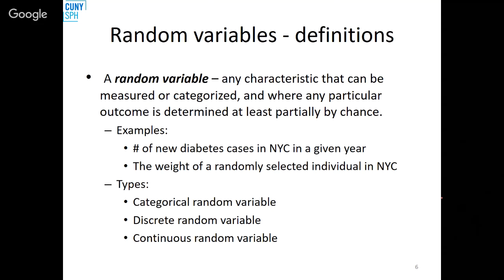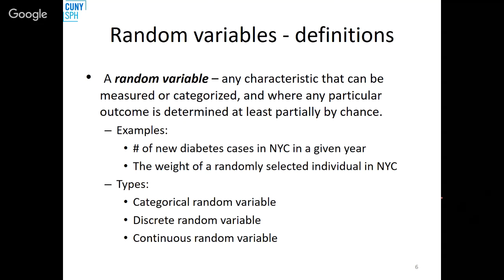Certainly part of it is predictable based on previous years. You could make a pretty good estimate of how many cases there will be next year, but you can't predict it exactly because whether an individual is diagnosed with diabetes in any given year is fundamentally unpredictable.